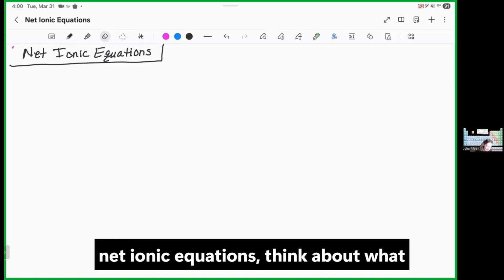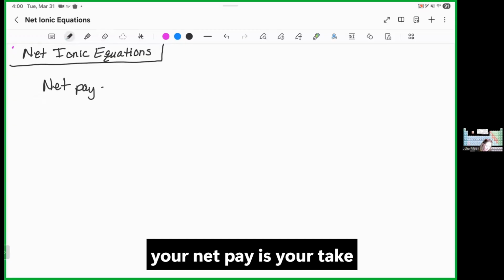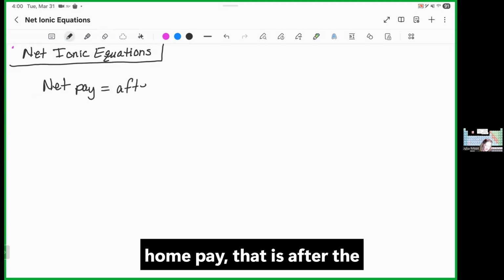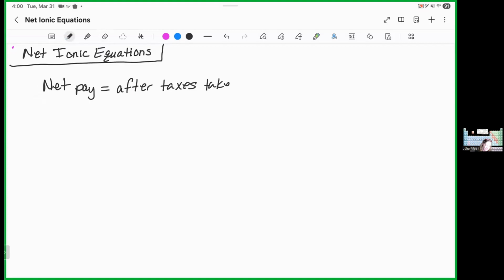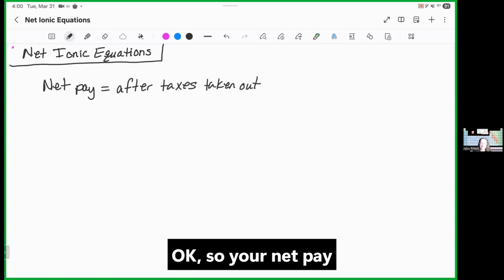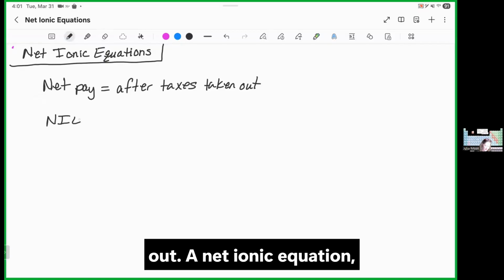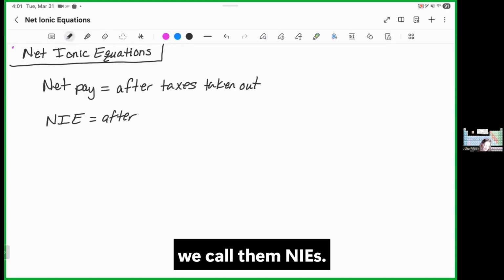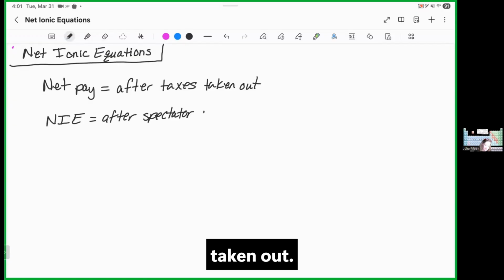Okay, so when we think about net ionic equations, think about what the term net means. Like your net pay is your take-home pay. That is after the taxes are taken out. A net ionic equation, we call them NIEs, is after spectator ions are taken out.